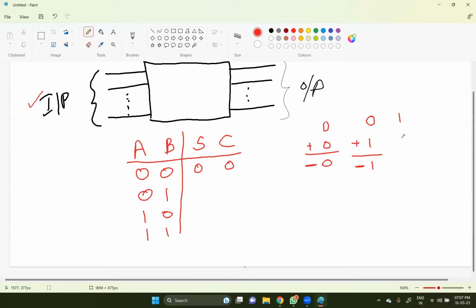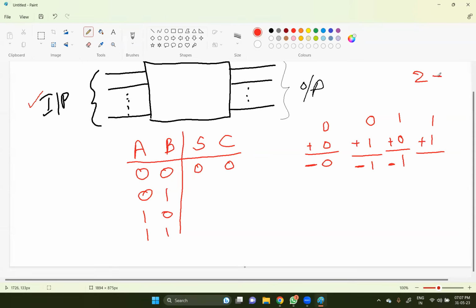For 1 plus 0, the same scenario: 1 is the sum and there is no carry. Similarly, if you take 1 plus 1 and add them together, from a decimal point of view it will be 2.